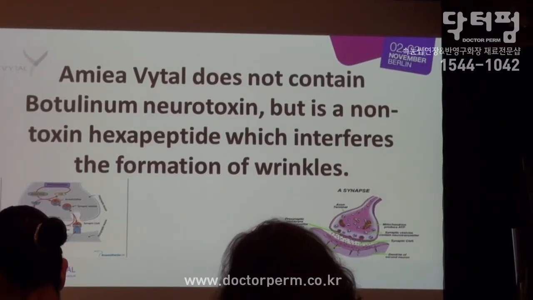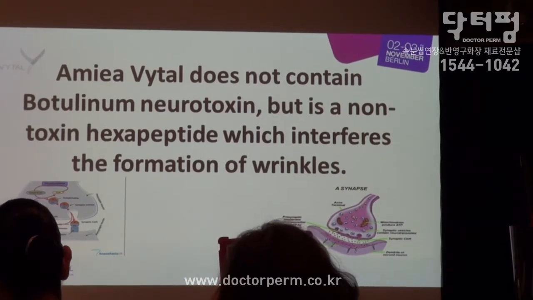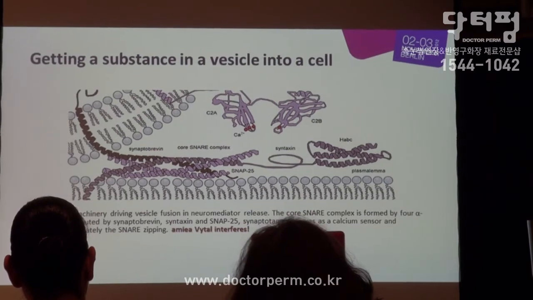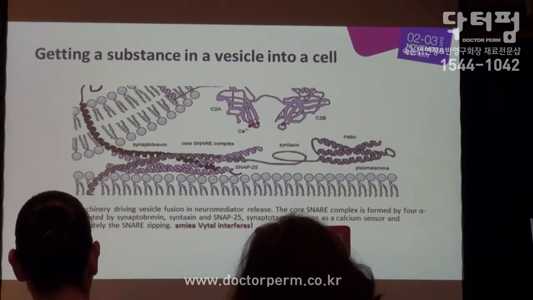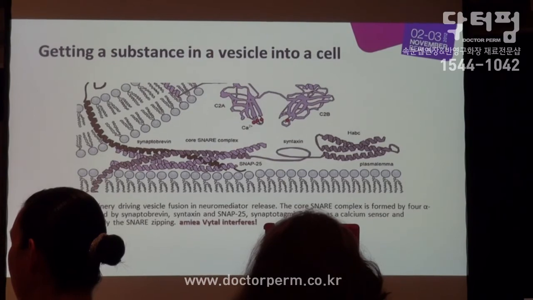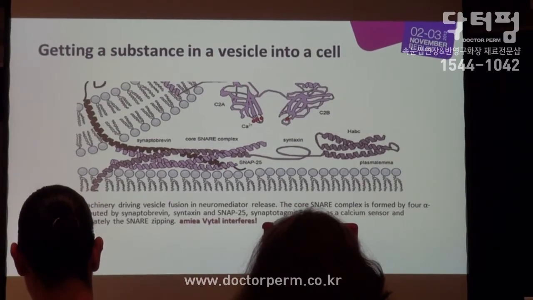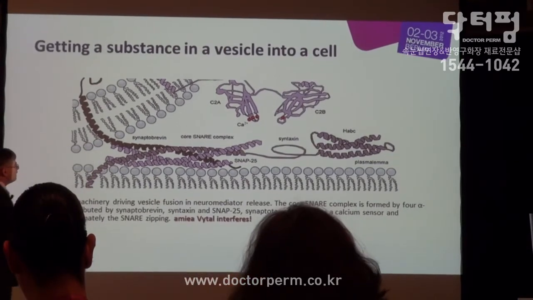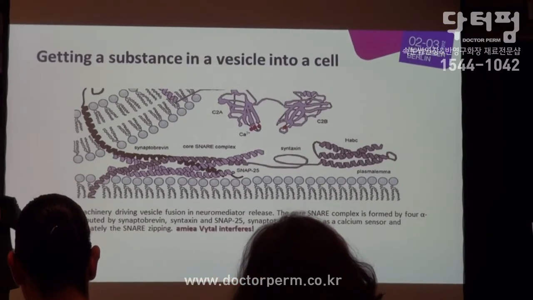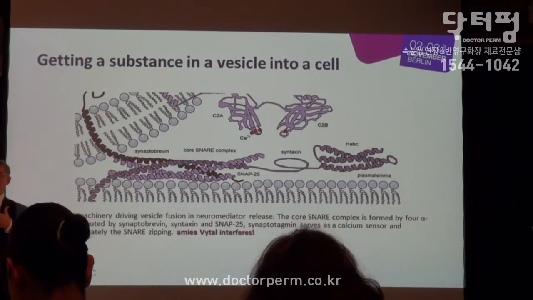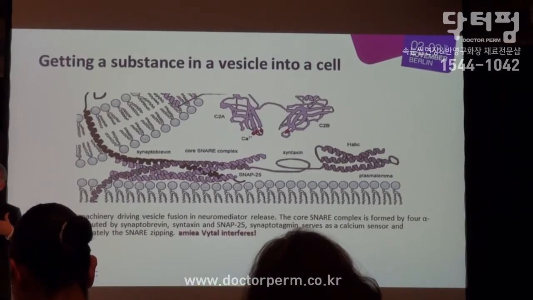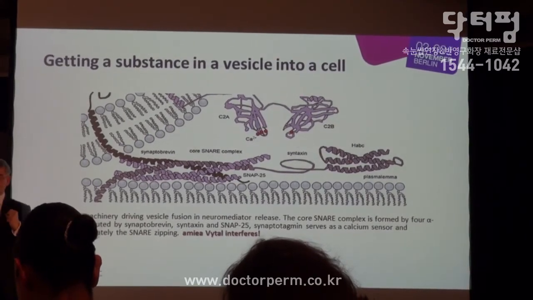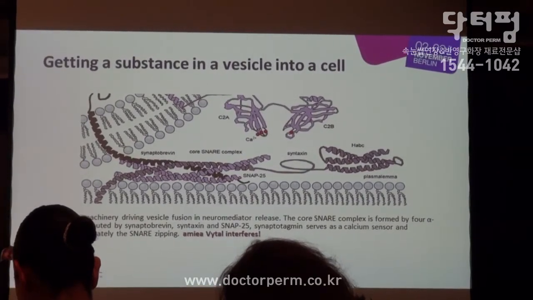And when you interfere in the formation of wrinkles, you have to do another thing. You have to fill a gap, because when you interfere, and this is the theoretical background of the interference, you have this so-called snare complex, which is over there, which prevents the transmission of a signal from one nerve cell to another cell, with the message to get power on the muscle.